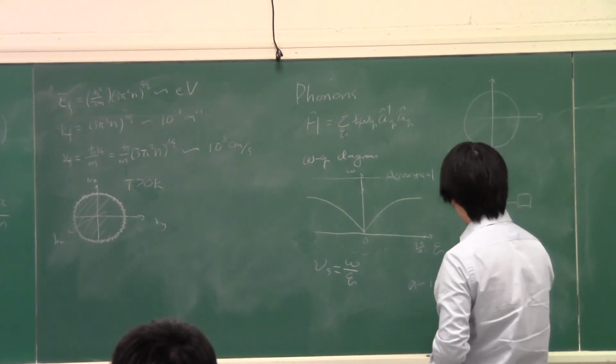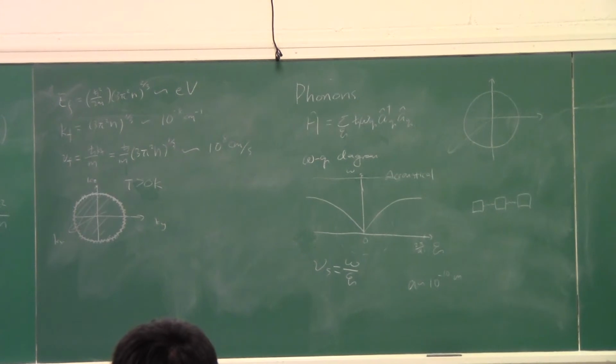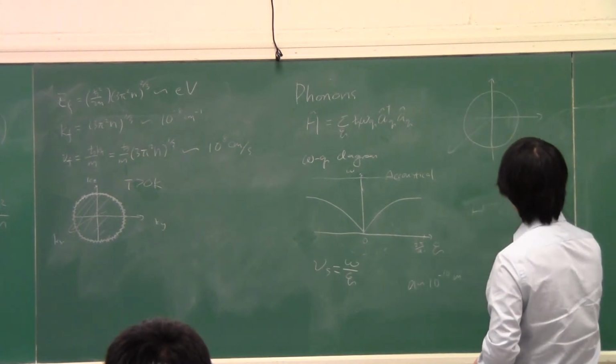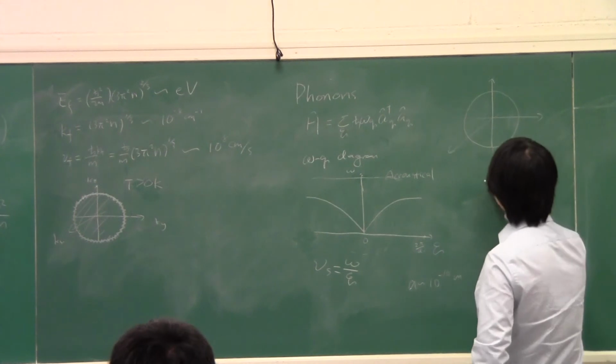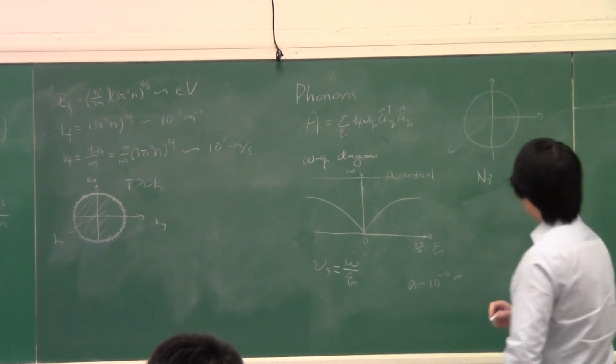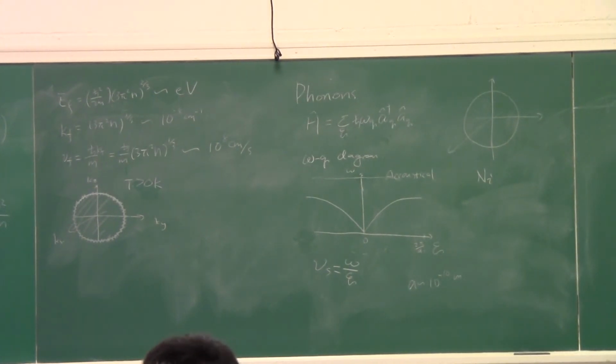So it follows that the number of modes in the acoustical branch is equal to the number of lattice sites per unit volume. We can write the lattice sites as Ni, which is basically the number of ions, if we're thinking about a solid made of a single kind of atom.